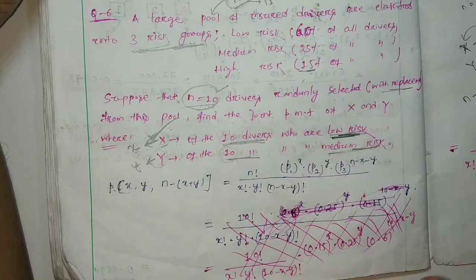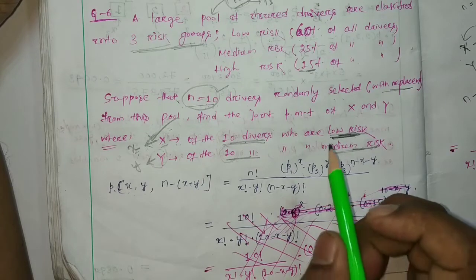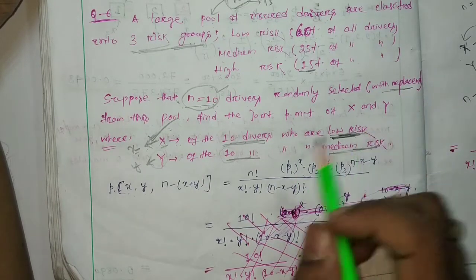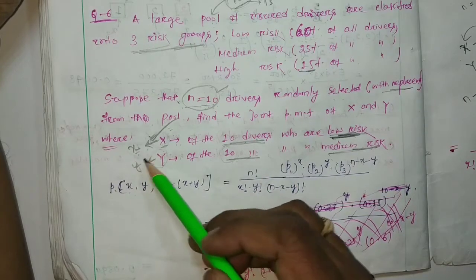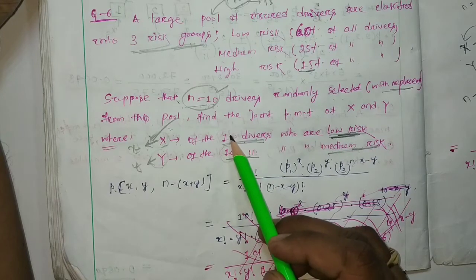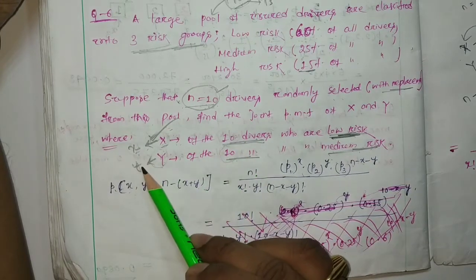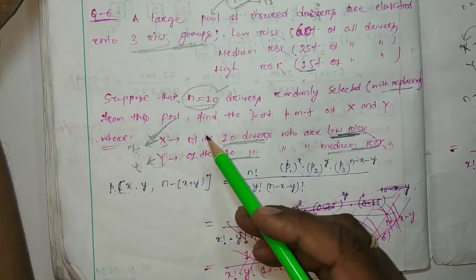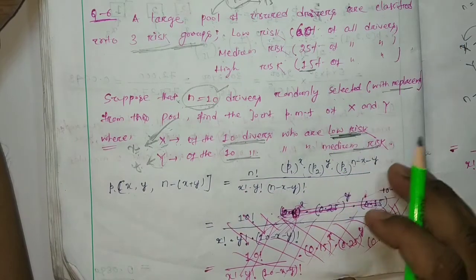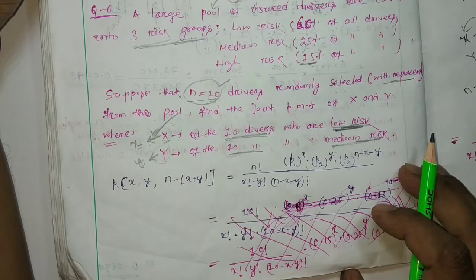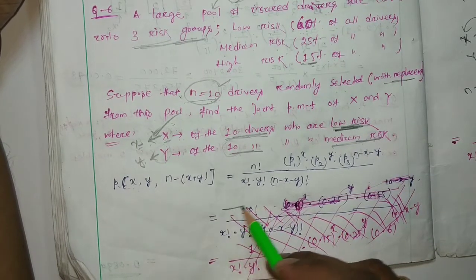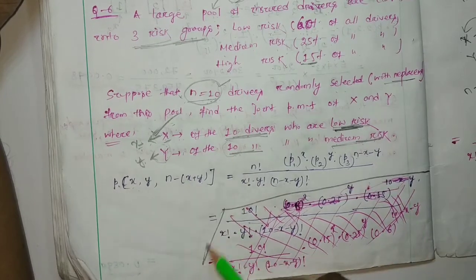And here the high risk driver random variable has not been given. But if we know X and Y belong to low and medium and the total number is 10, so obviously 10 minus X minus Y will be the rest of the drivers which belong to high risk. Okay, so we have to apply the PMF with the help of our multinomial distribution.